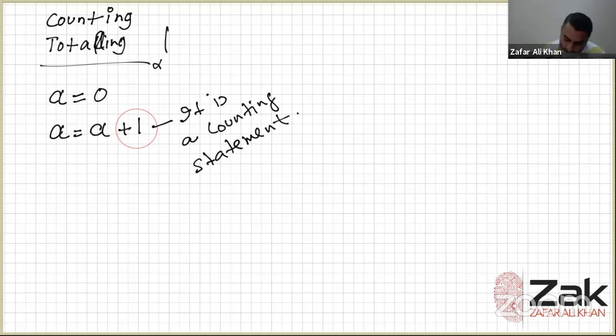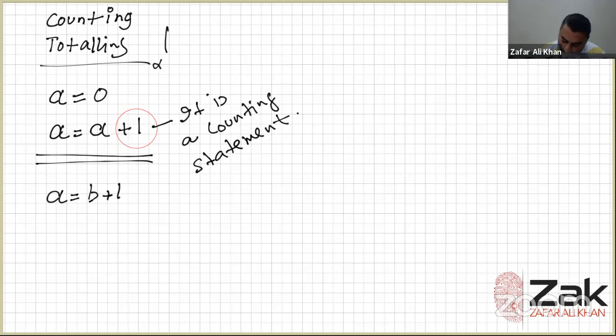All right. Now, this whole statement is a counting statement. So how do we recognize that it is a counting statement? By having this plus 1. Now, if I write a is equal to b plus 1, it is not counting.